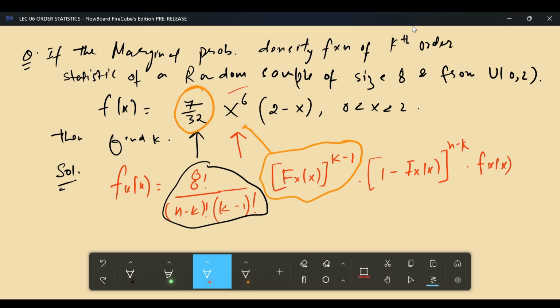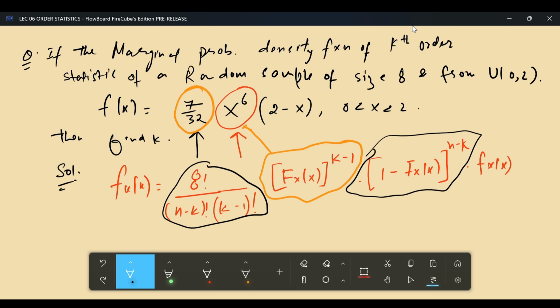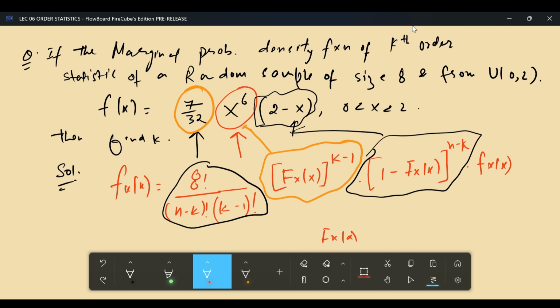So from here, can you tell me the value of k? See, F of x raised to k minus 1 is equal to x raised to the power 7 minus 1. So k is equal to 7.